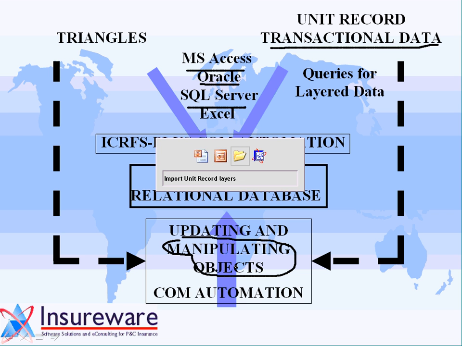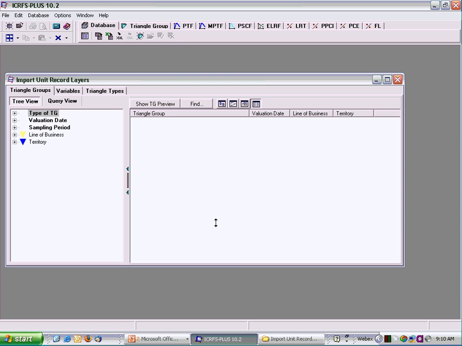Now, if we go to ICRFS-Plus, we'll see that I've already created a new database, which I've called Import Unit Record Layers. You can see that this database currently is empty. It does not have any triangle groups.